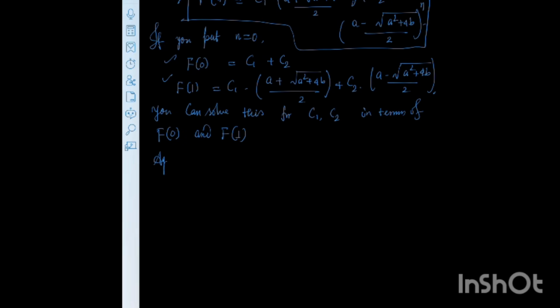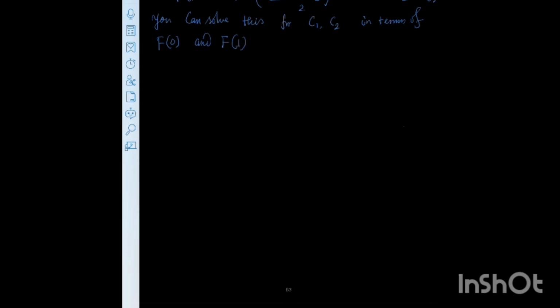So there is a nice application of this formula. Let us define the original Fibonacci sequence by f0 is 0 and f1 is 1, and f(n+2) equals f(n+1) plus f(n).